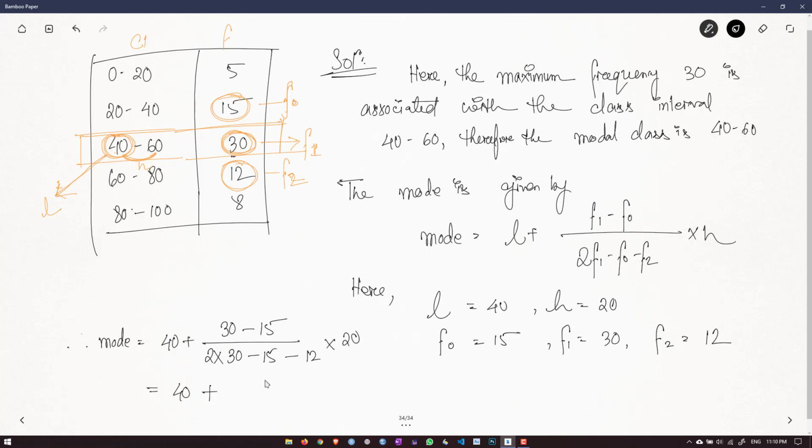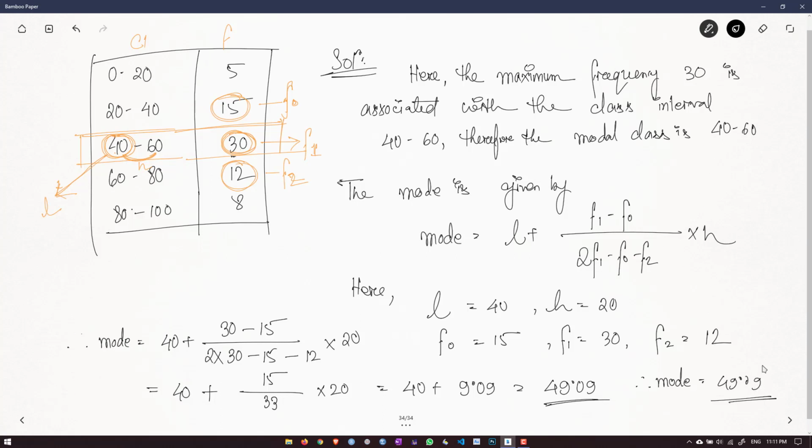Now if you solve this, this will be 40 plus 15 over 33, into 20, so 40 plus 9.09 is equal to 49.09. Now 49.09 obviously lies between 40 and 60, so that means our calculation is correct. Therefore, mode is equal to 49.09.